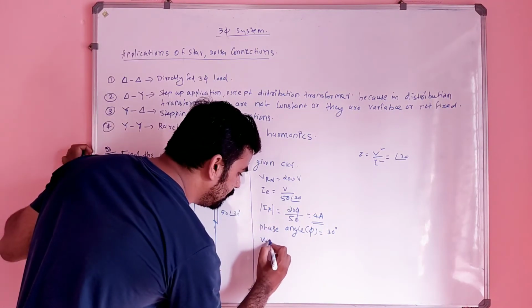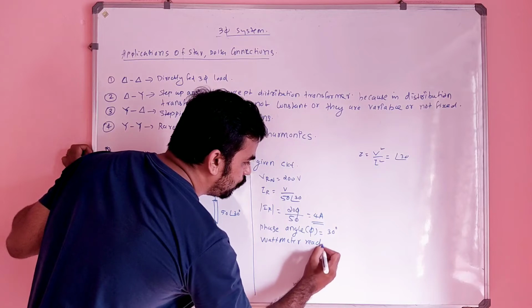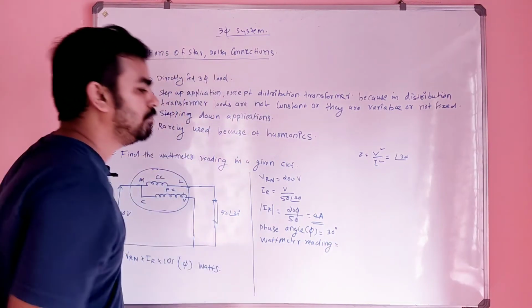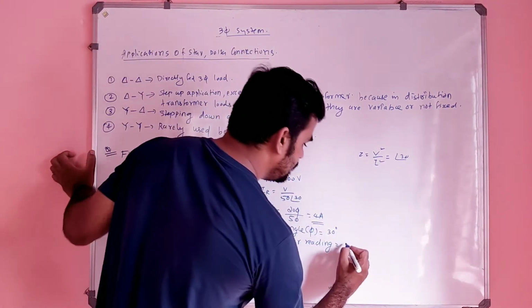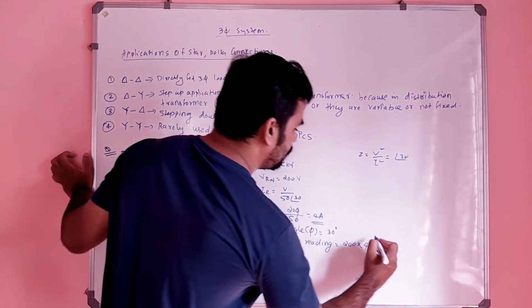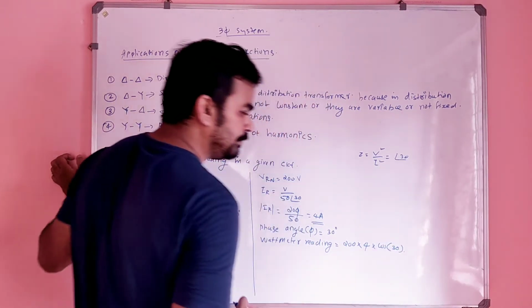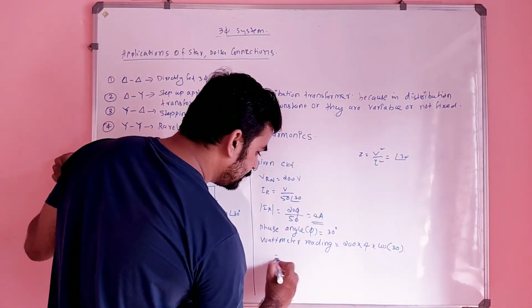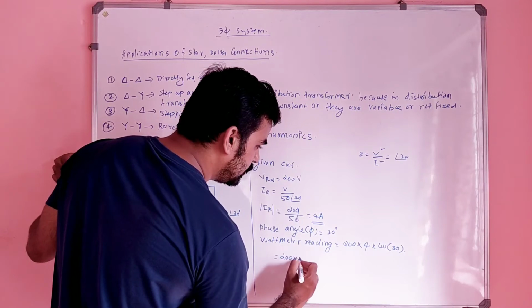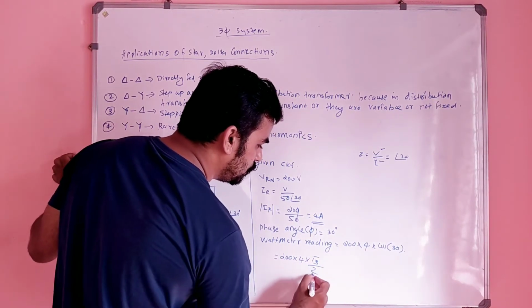So the wattmeter reading will be VRN, which is 200, into IR, which is 4, into cos 30. So it will be 200 into 4 into cos 30, and cos 30 is root 3 by 2.